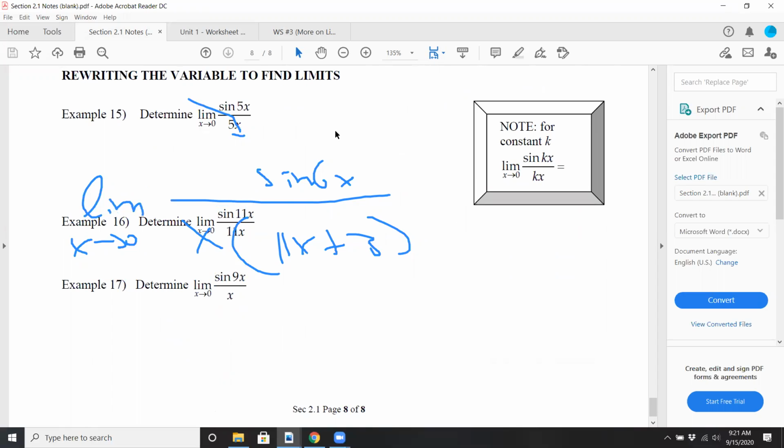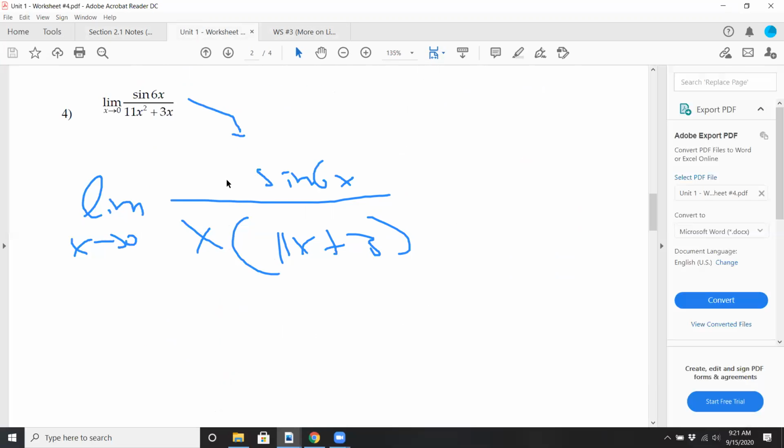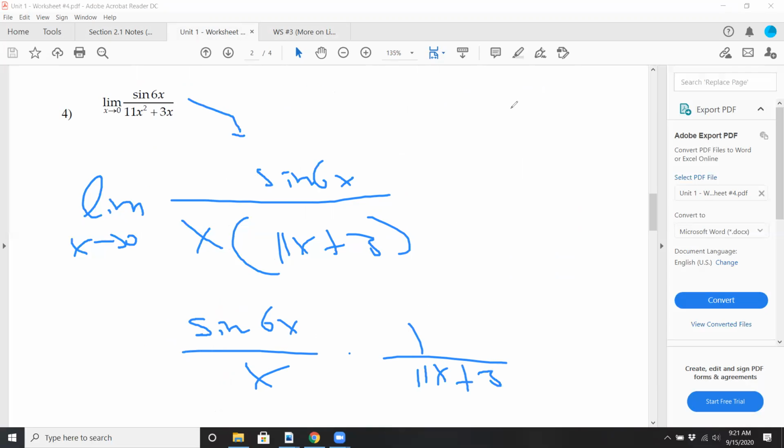So if you were to apply that over here, you could break up the fraction as sine 6x over x times 1 over 11x plus 3. You totally can do that. Think about, what if I have like x over 12? Or let's say I have like x cubed over 12.